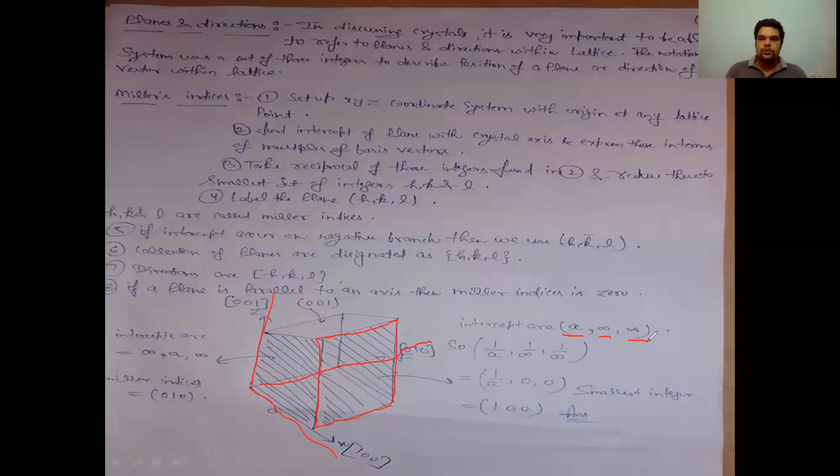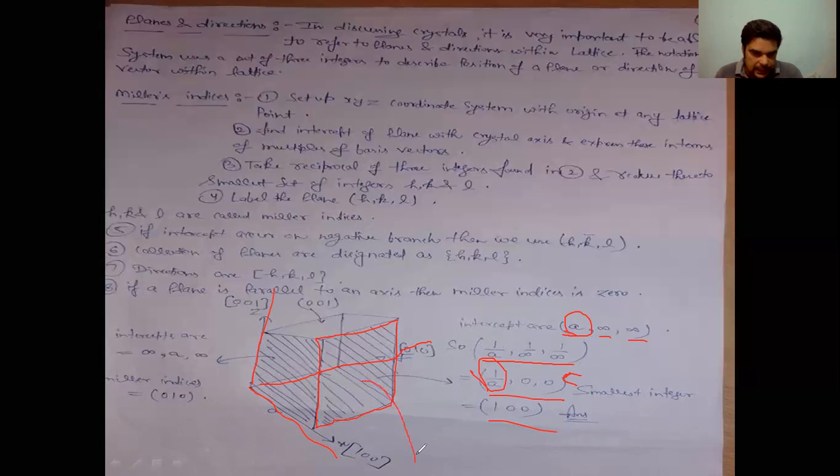So, in order to find the Miller indices, first of all we need to find the intercepts, just in the form of lattice constants. The second step is to take the reciprocal of these intercepts. So you will get this. And now you convert it to the smallest integers. The smallest integers in that case will be 1, 0, 0.